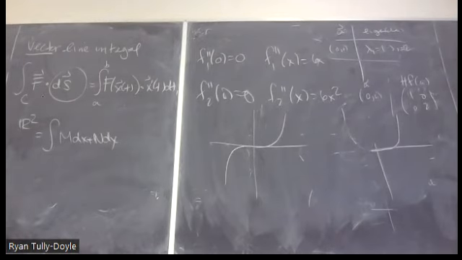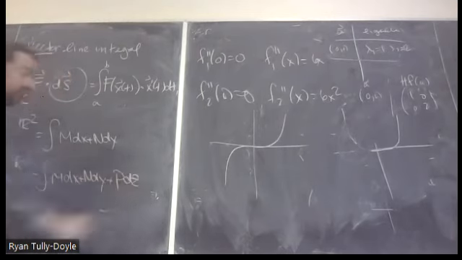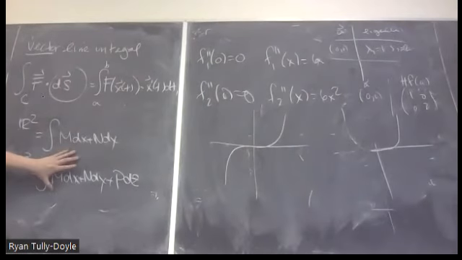In three variables, this is also equal to the integral of M dx plus N dy plus P dz. Now, you don't need these formulas. You just need to be able to recognize them. But all of these are vector integrals.